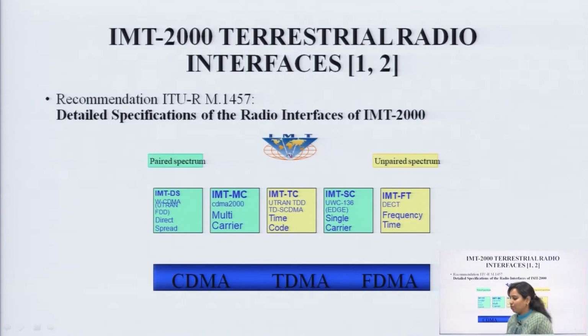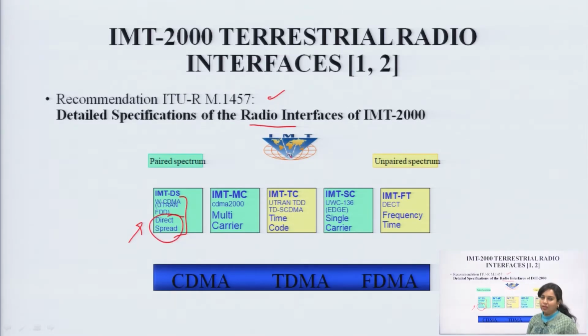Now, IMT 2000 terrestrial radio interfaces are there. Its recommendation is by ITU-R M.1457. Detailed specifications of the radio interfaces of IMT 2000 are there, which is IMT-DS, WCDMA, which supports direct sequence spread spectrum, that is DSSS.